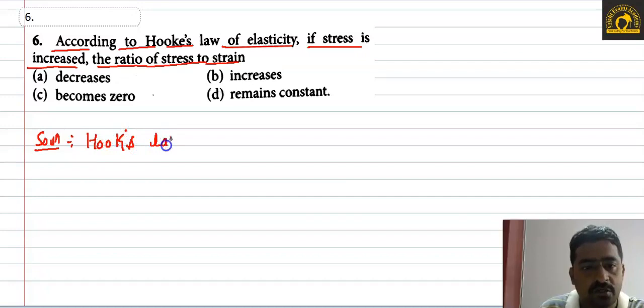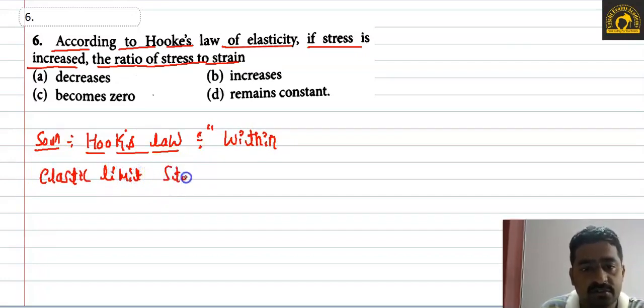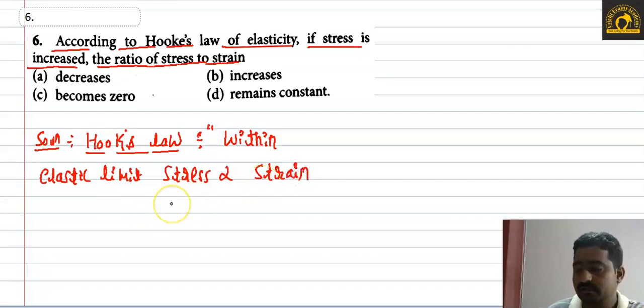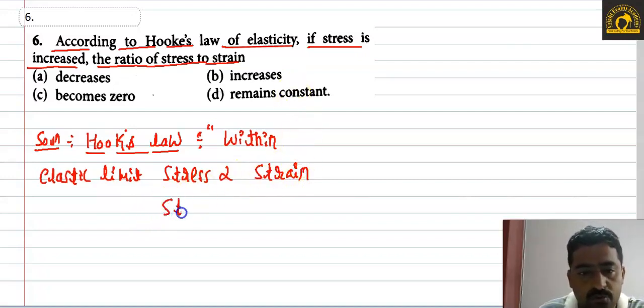Hooke's law states that within the elastic limit, stress is directly proportional to the strain. So now we have to remove the proportionality sign. Stress is equal to K into strain.